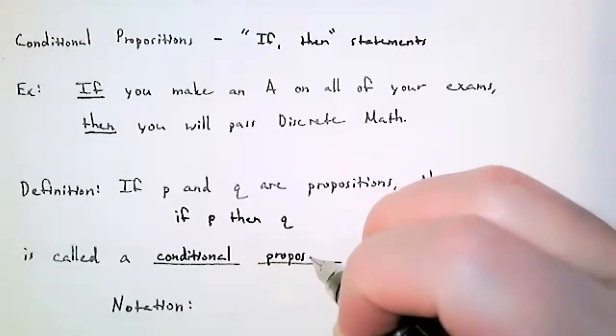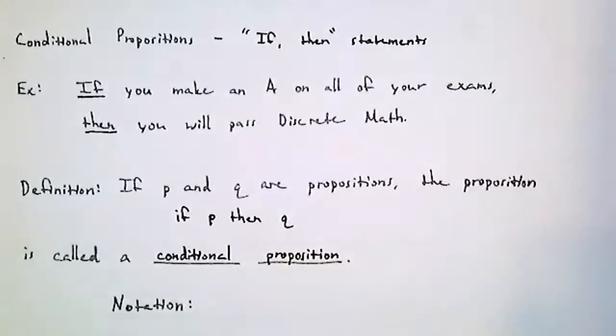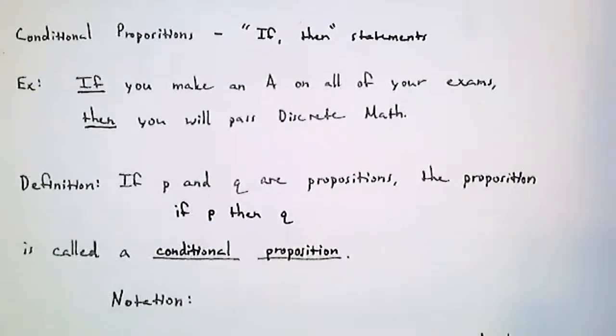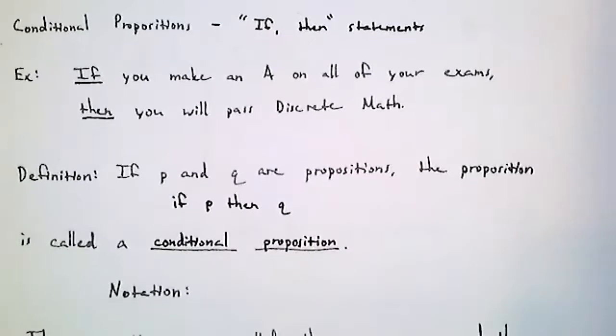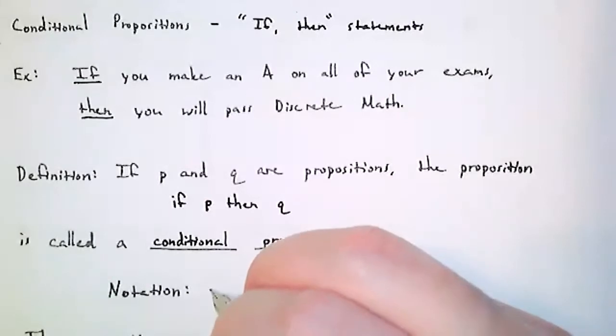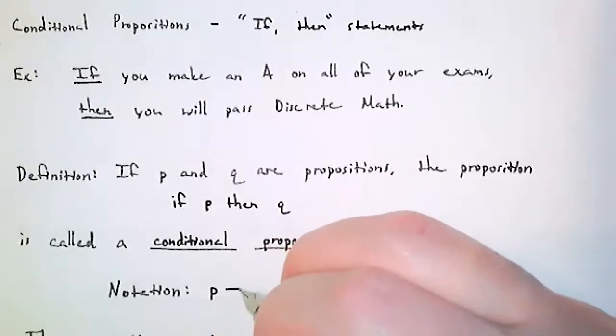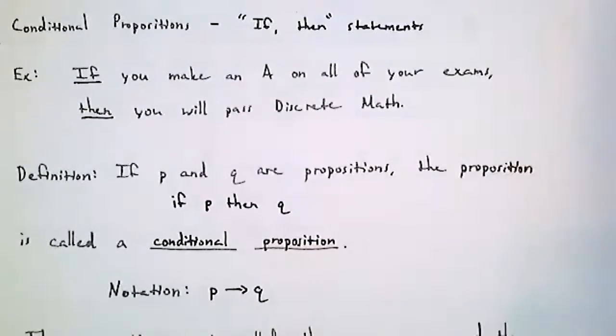And just like the and the or and the negation, this kind of proposition also has its own notation. We'll start with P and then draw an arrow pointing to the right at Q. So whenever you see these symbols, this means in English, if P, then Q.